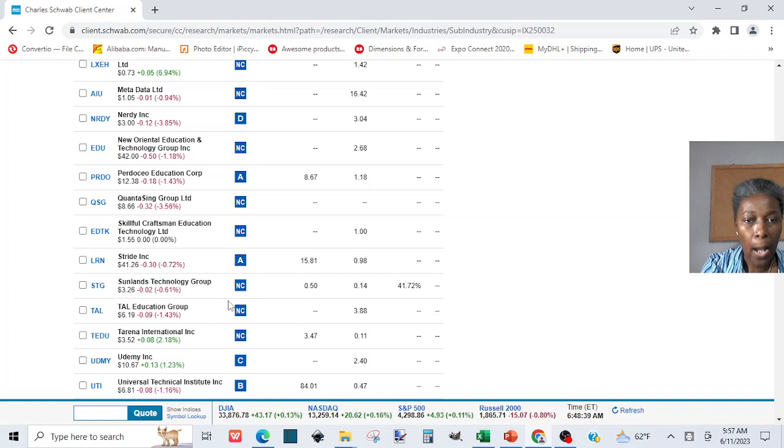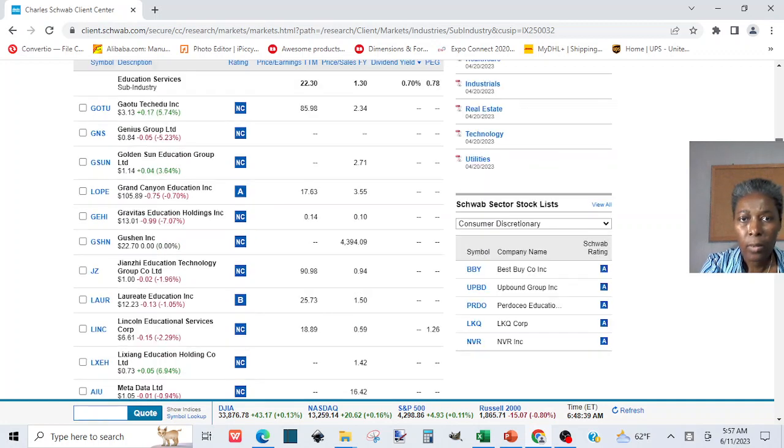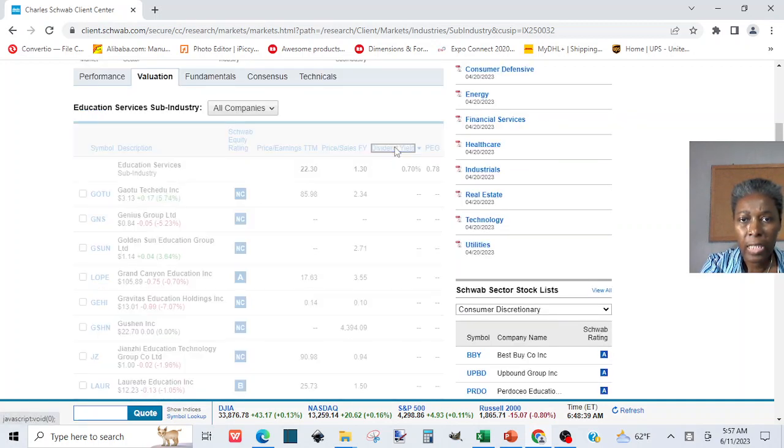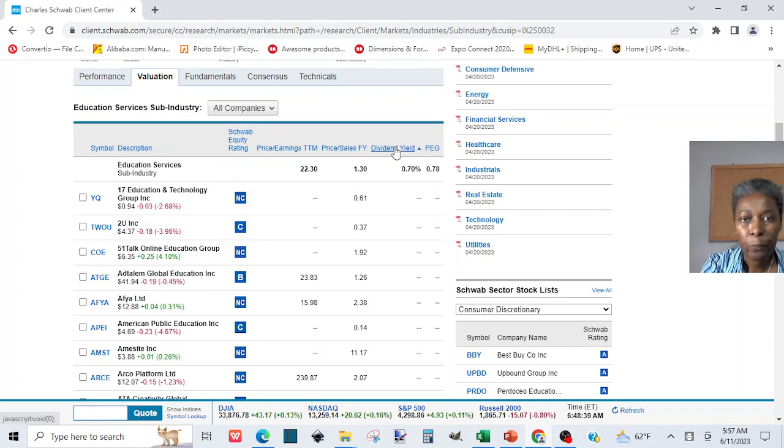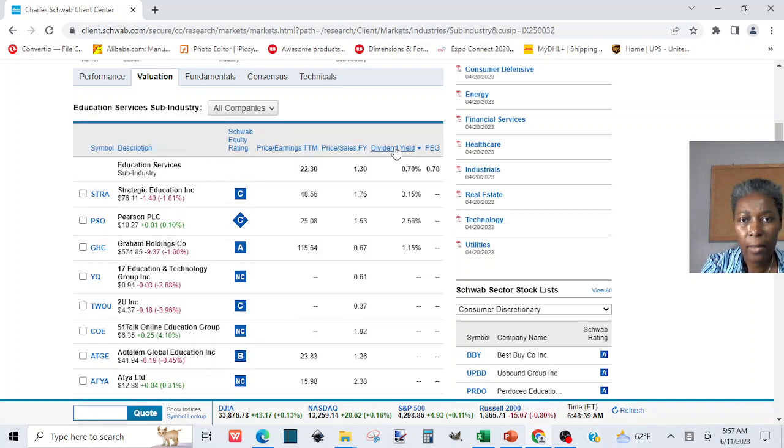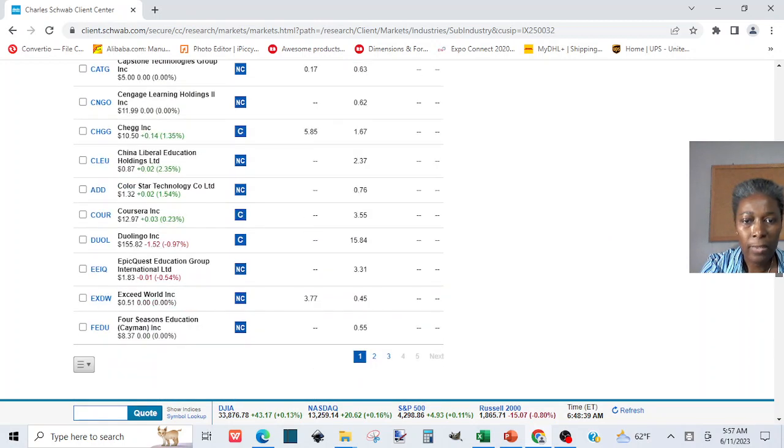I'm not sure why. Let me click on dividend yield here again on this page too. So it's not going to change that. Okay, so I'm not sure why that one didn't make it through to the first page.